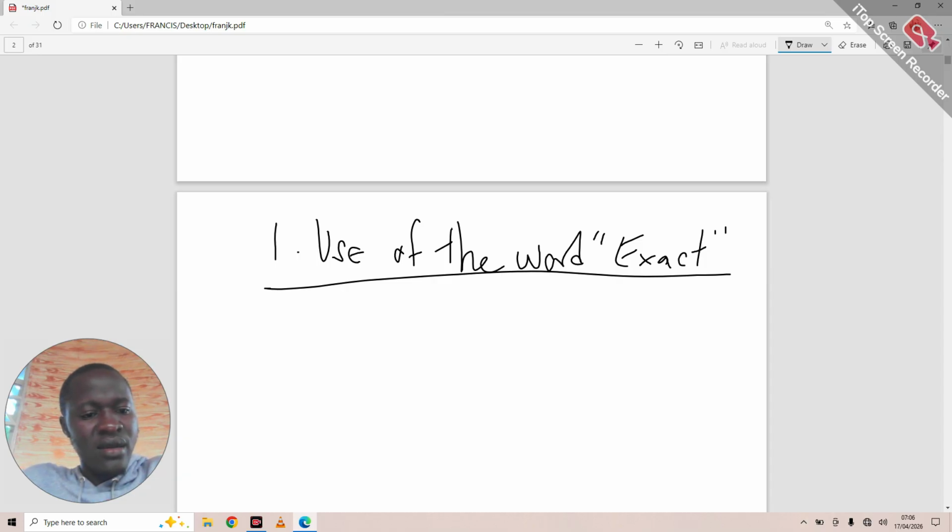Any value stated exact, when it comes to this topic of approximation and errors, should not have its maximum or minimum value found.